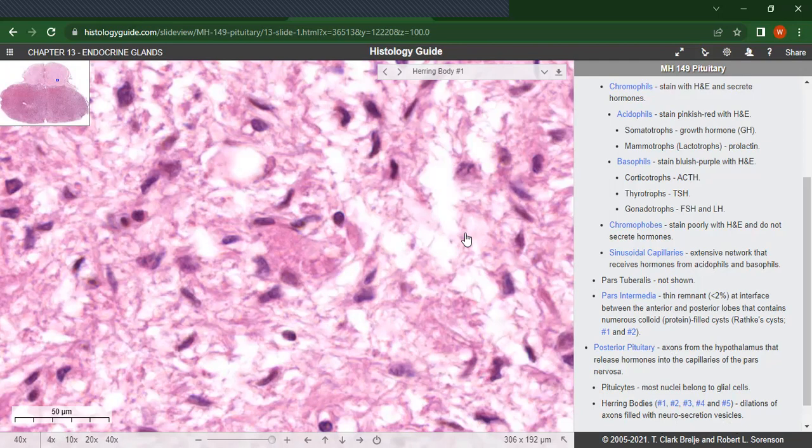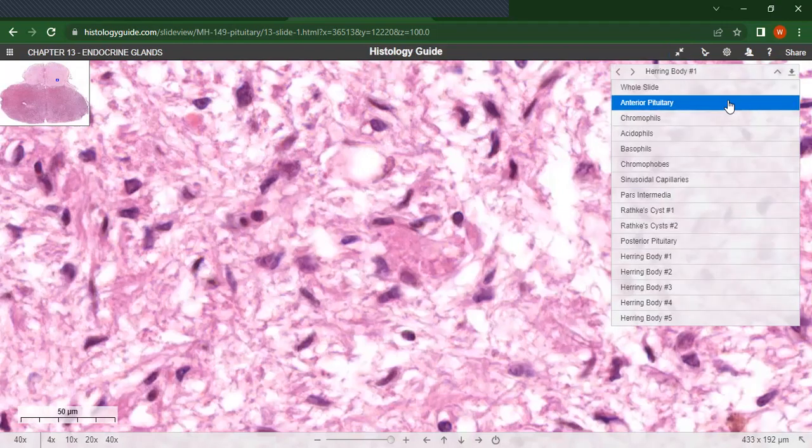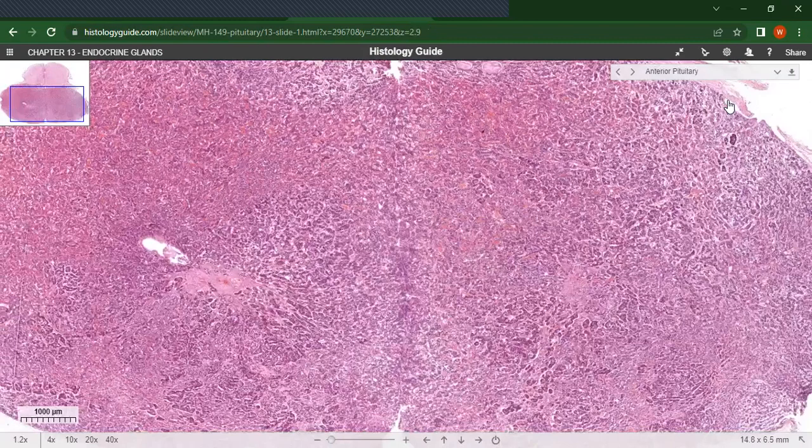Okay, so let's go back to the anterior pituitary. Remember, the anterior pituitary's functions are usually controlled by the hypothalamus via the hypothalamo-hypophyseal portal system. Now this is not a tract but a portal system. We have portal blood vessels, a portal vein.